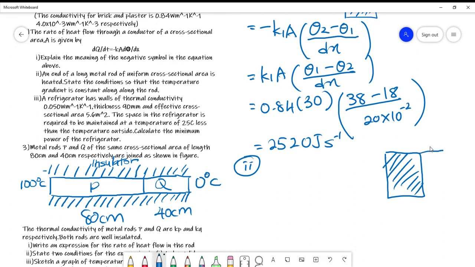What we need to know is that if the plaster is added, the heat will basically not flow into the inner parts of the house. This is because the plaster is an insulator.